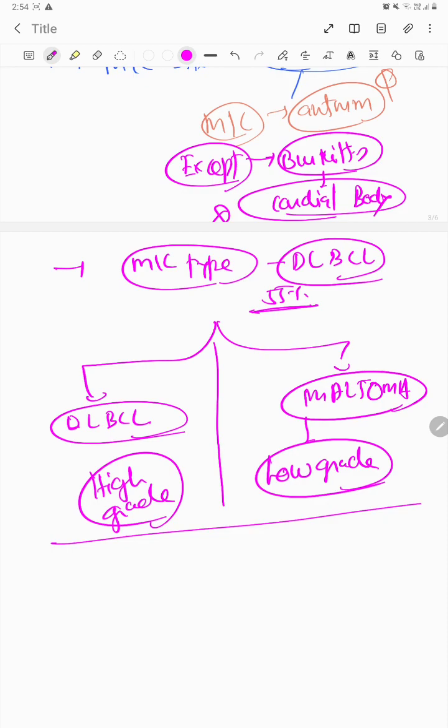And one more thing I want you to point out is that the rarest site of lymphoma in your GI tract is the rectum.